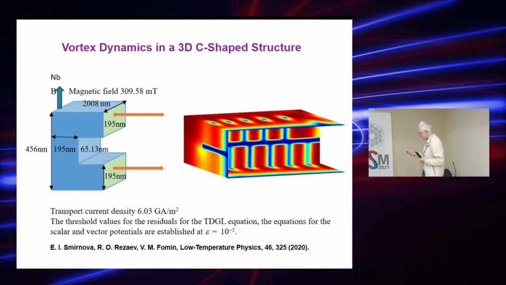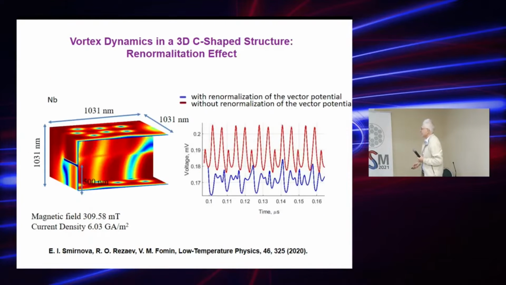Now, next step. If you make these two plates larger, and the distance between them, here it is 30 nanometers all over, so they are closer to each other. You see what happens to vortices?